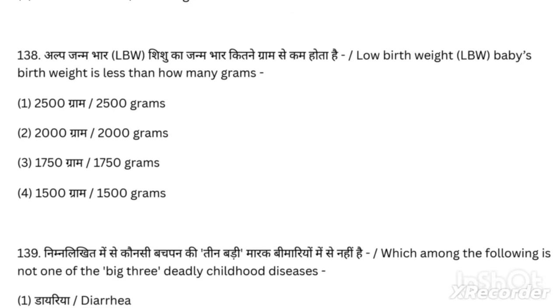Next question is, low birth weight LBW babies birth weight is less than how many grams? So less than 25 gram is considered low birth weight. Irrespective of gestation age, it causes prematurity. So the correct answer is 25 grams.